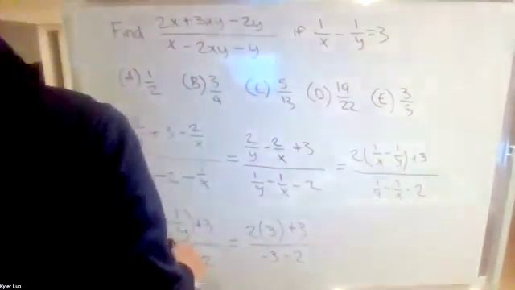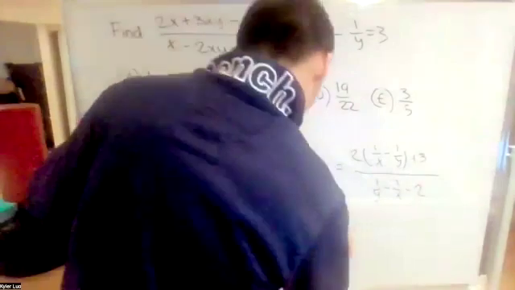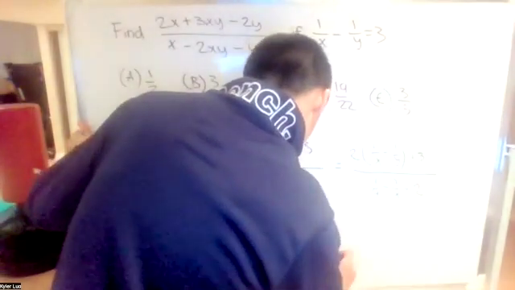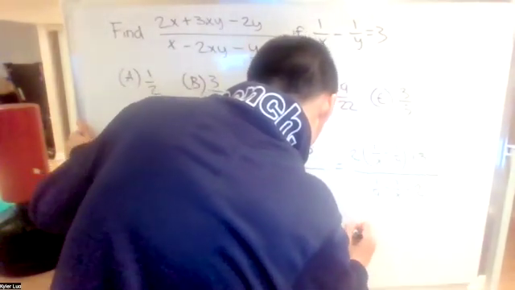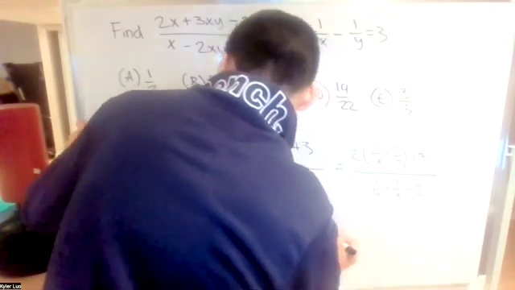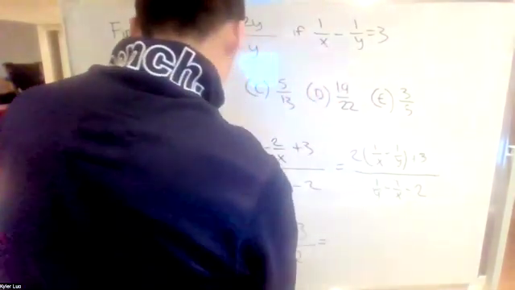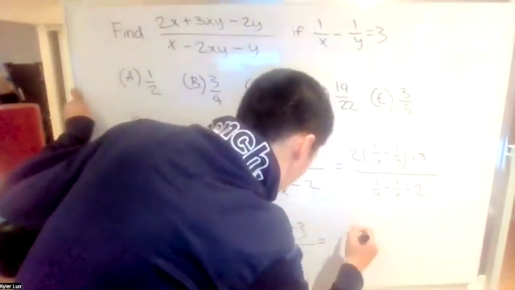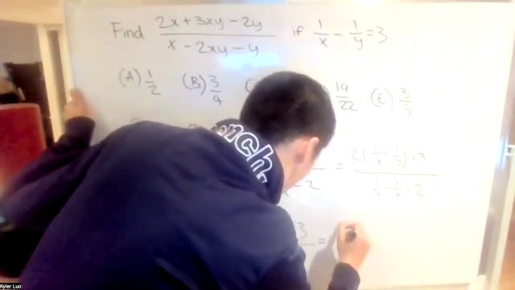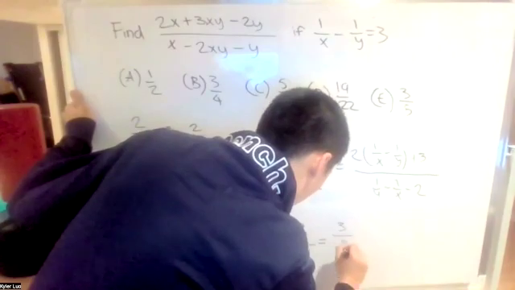Multiply both sides by negative 1, and this becomes 3 over 5.